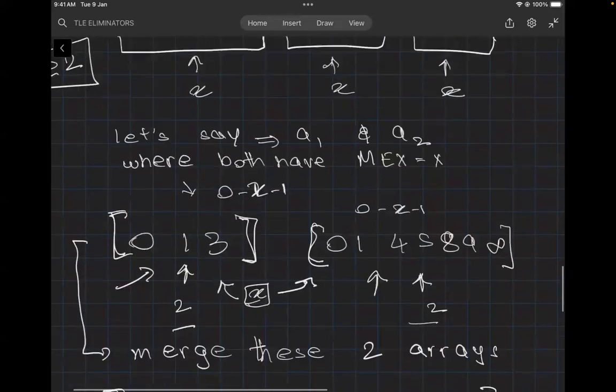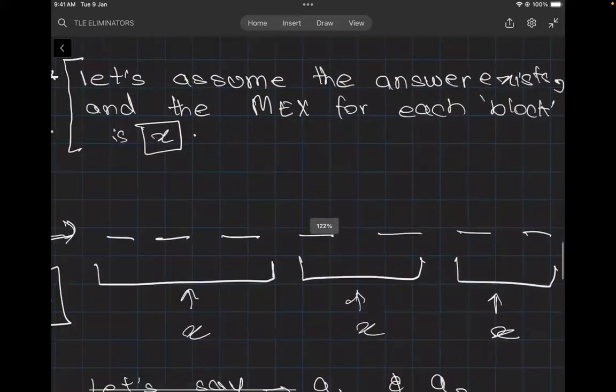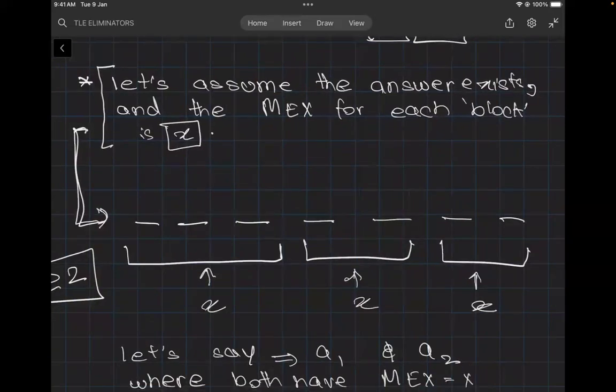Now, if I go a little bit behind and take you all here, what did I say? Let's assume the answer exists and the max for each block is x. Basically, the answer exists and there are subarrays with max equal to x, right?